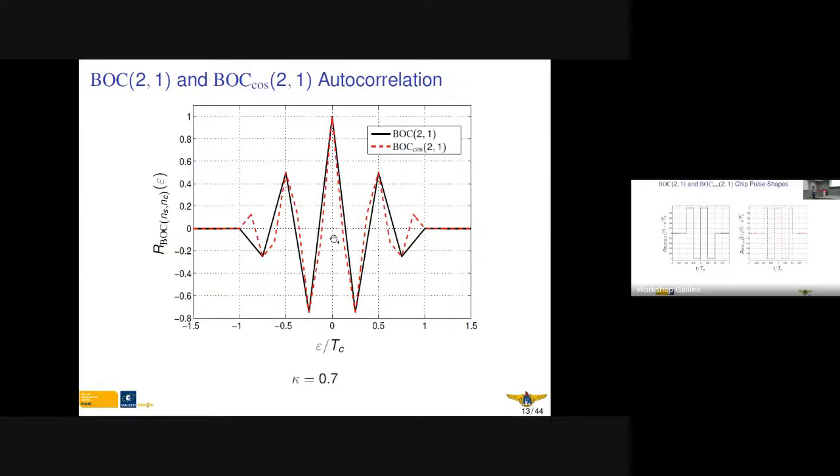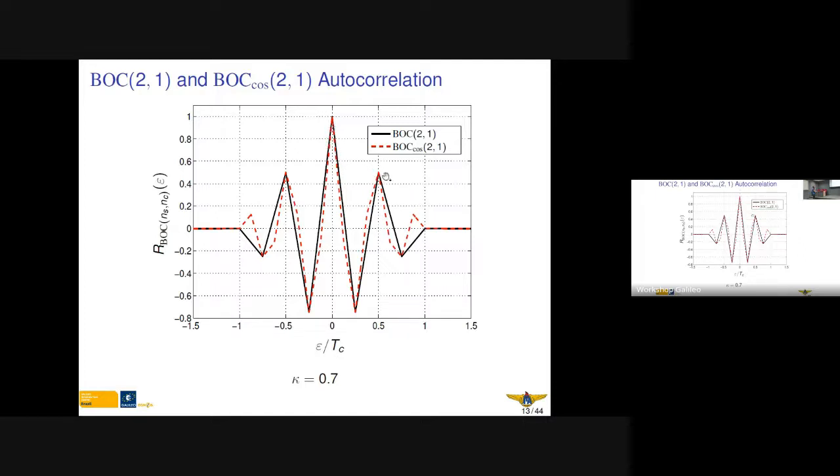We can have a look at the autocorrelation function as I said before. The higher the subcarrier rate, and the higher this number of half periods per chip, we expect higher side lobes of the autocorrelation function. Now we have here 70% of the main lobe height, which is at 1.